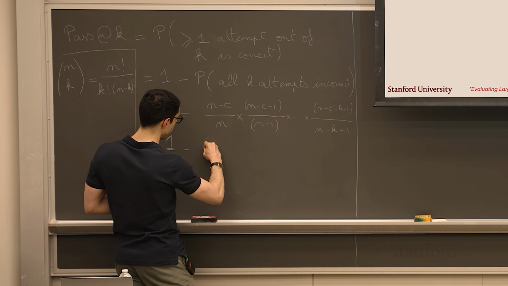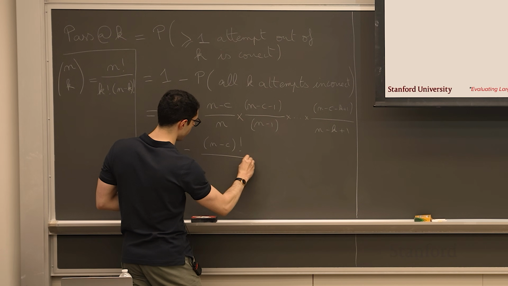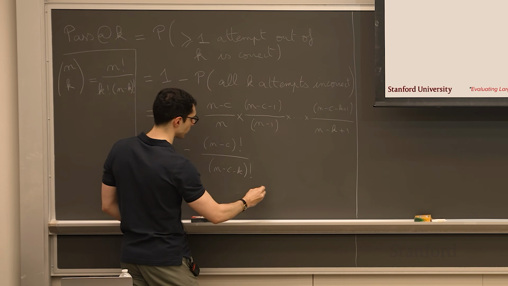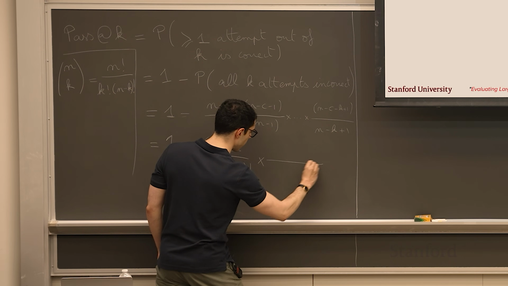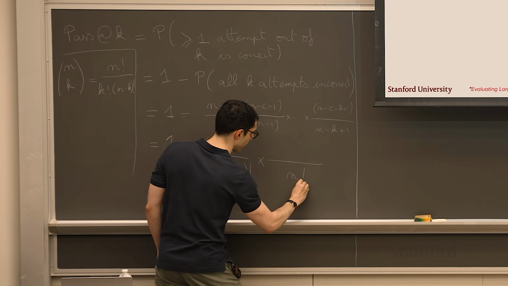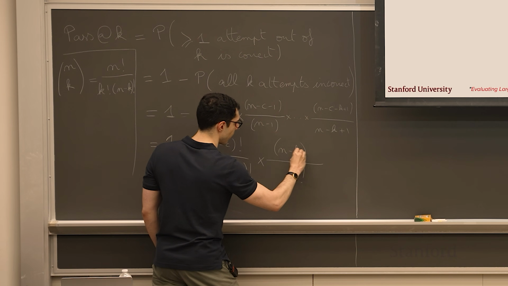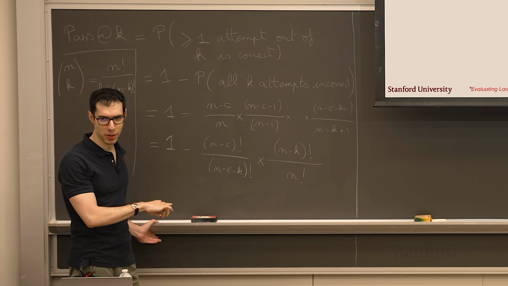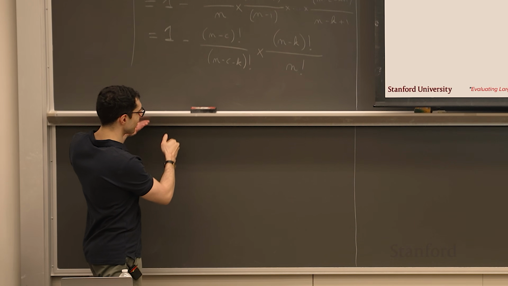So here it's n minus c factorial over n minus c minus k factorial. And then this quantity, we can also express with factorials. So it's n factorial over n minus k factorial. Everyone agrees with the math here? I'll take that as a yes.